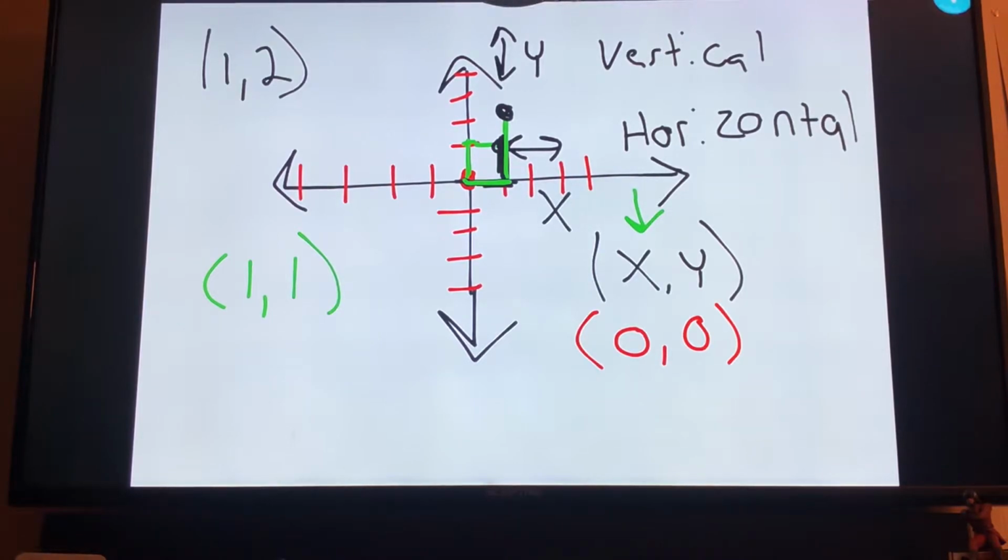Let's go ahead and look at example 1. It says, give the coordinates and a quadrant for the location of each point. This is the way it works. I want to draw another one so you can see. This is quadrant 1, this is quadrant 2, this is quadrant 3, and this is quadrant 4.